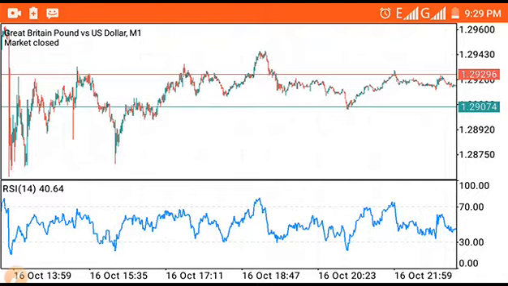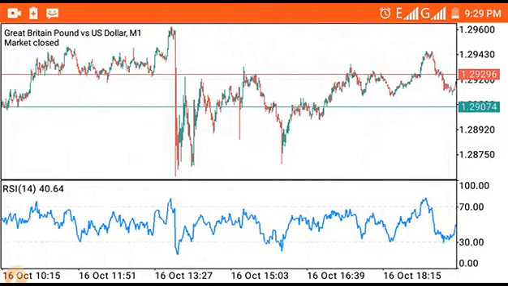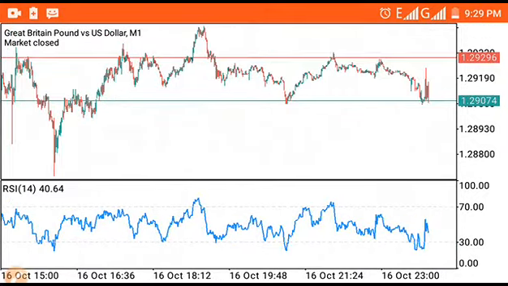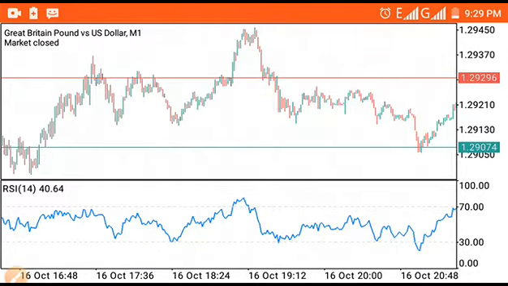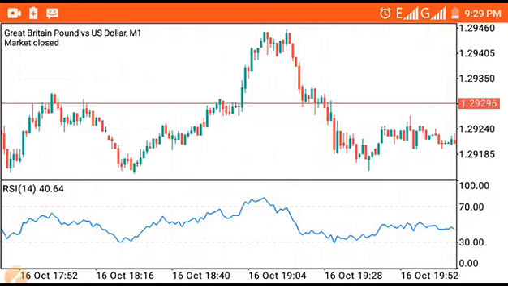And this is GBP USD, relative strength index. A lot of people use this indicator, not you, not me alone. We're talking of hundreds of traders out there who use this same indicator, and hey, it's an overbought territory.